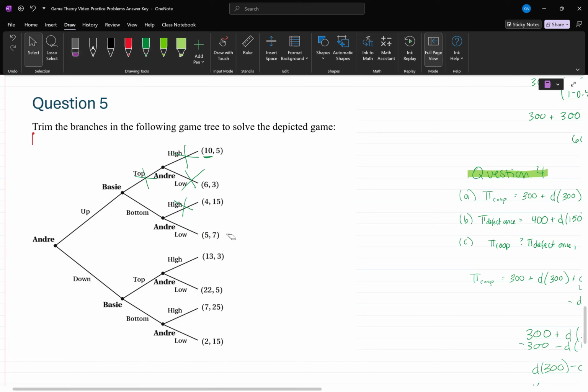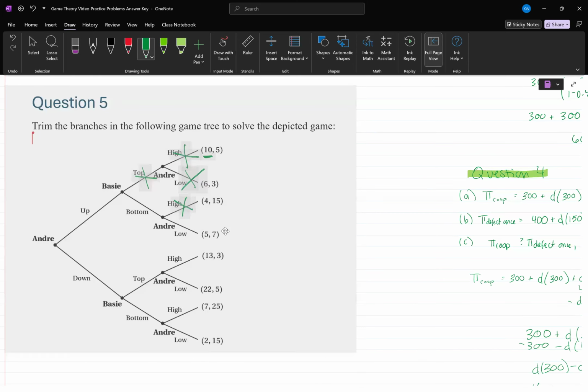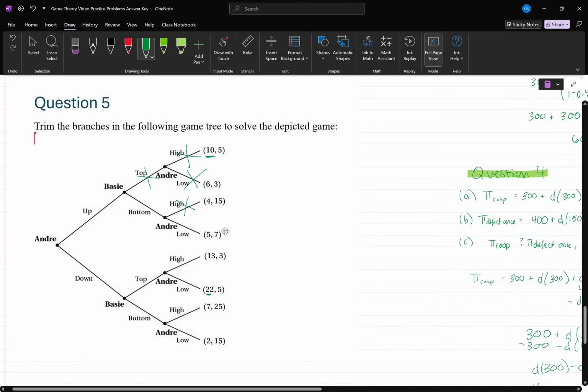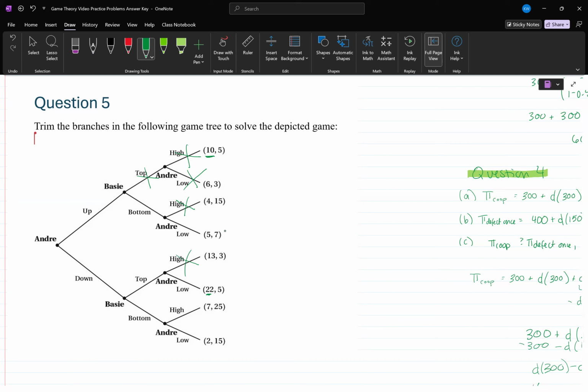All right, now we want to compare that to the other side. So let's say that Andre plays down and Basie plays top. In that scenario, we're going to see Andre play low because 22 exceeds 13, so we can trim that high branch. If Basie instead plays bottom, we're going to see Andre play high because 7 exceeds 2, and we're going to trim that low branch.